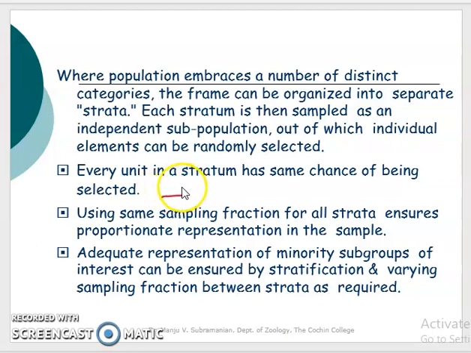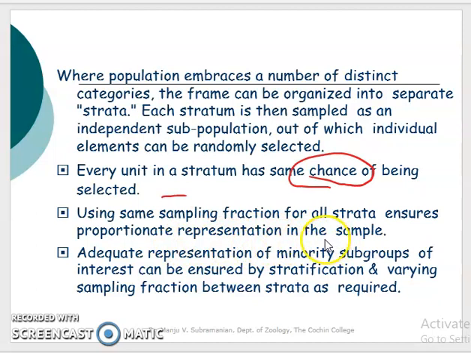The first step is the division of the individuals in a population into different strata based upon certain criteria, and then we choose the individuals from each stratum, and this choosing is purely random, or we can say it is purely the chance of being selected. Using the same sampling fraction for all strata ensures a proportionate representation in the sample.